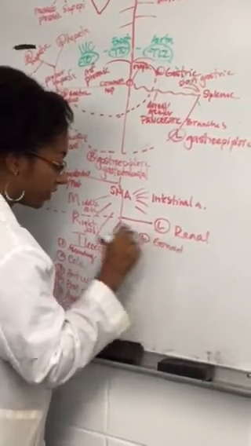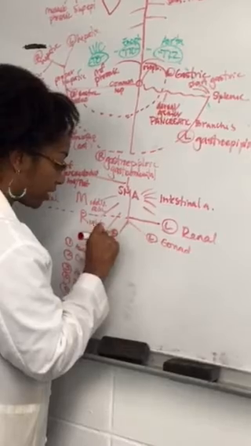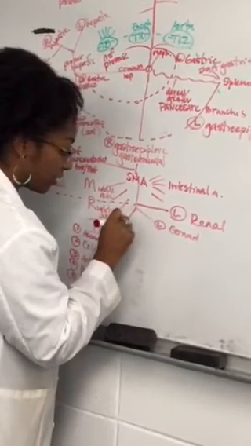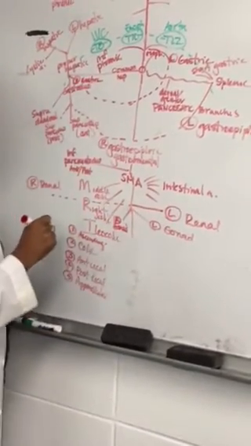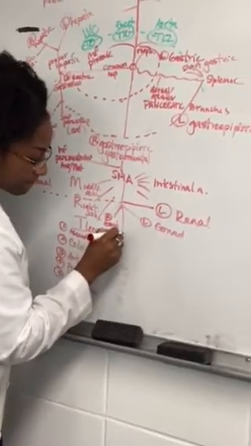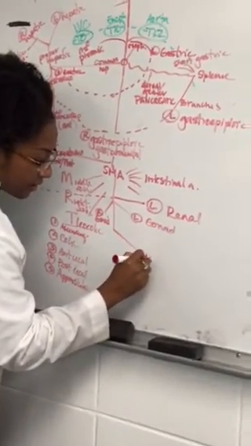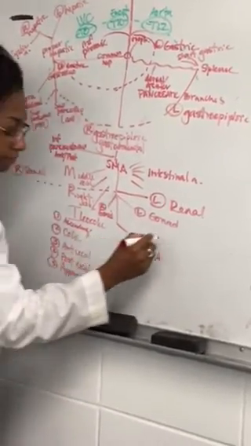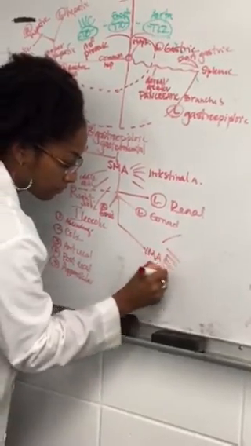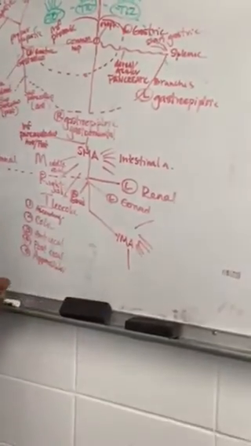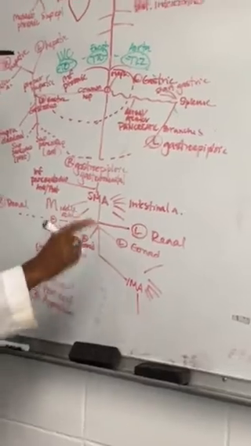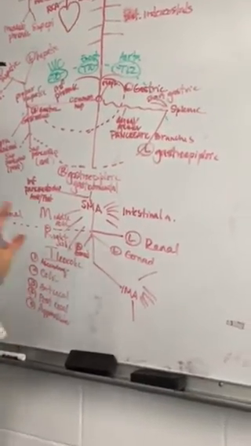So if it's a woman versus a man, depends on what you call it, but if you call it gonadals, we know what you're talking about. Then what do we have? So IMA. What does the IMA do? So we can say gonadal instead of saying testicular versus ovarian, because gonads are your gonads.